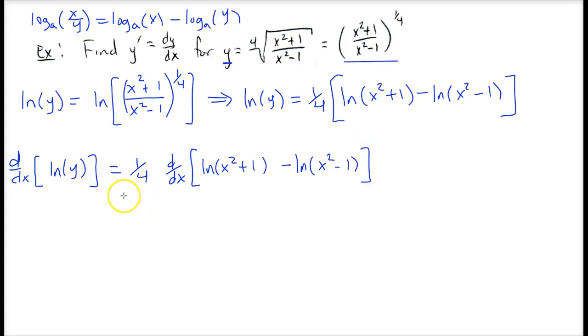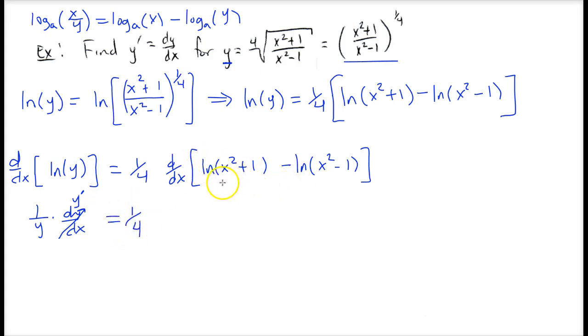And of course, on the left side here, just like how we did it in the last example, we know that the derivative of natural log of y with respect to x, variables don't match. So we do the chain rule. So the derivative of natural log of y with respect to y is 1 over y times derivative of y with respect to x is just dy over dx. And we'll call that y prime for short.